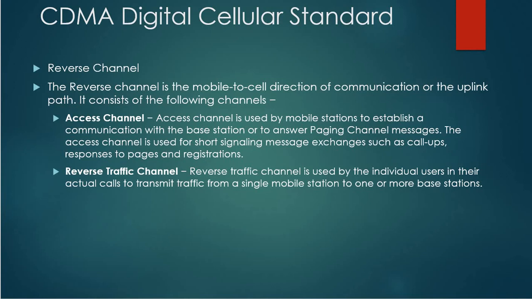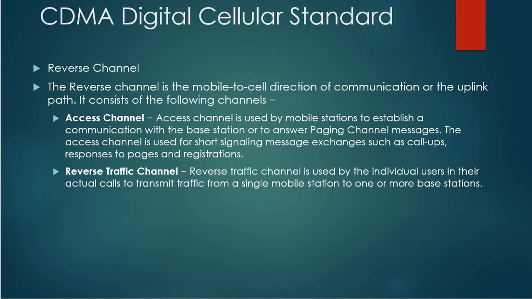Paging channel is what? It is under the services of the forward channel. To answer those paging channels, the access channels are used for short signaling message exchange, such as call termination, if you stop the call, and response to paging and registrations. So these are the things in the access channel.